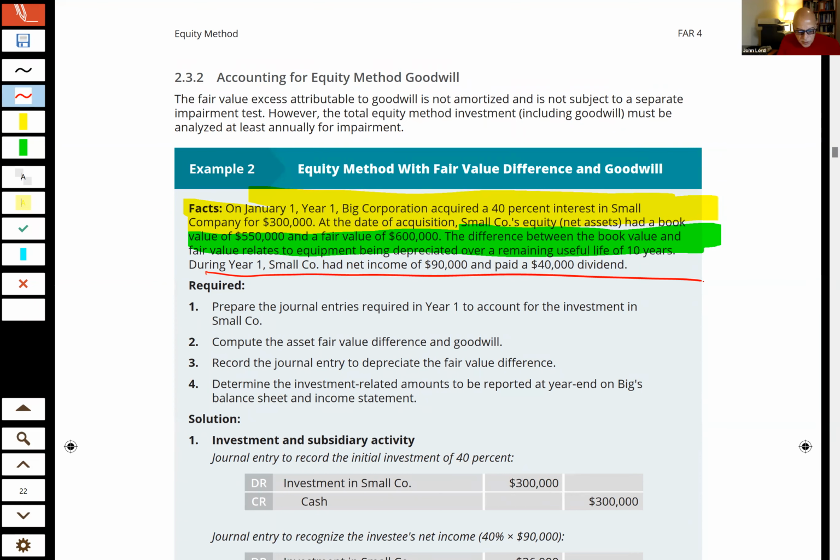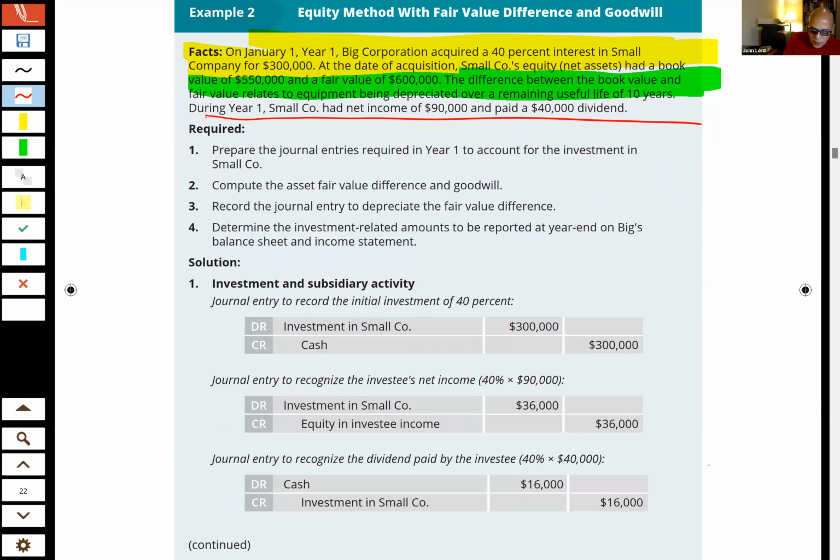Now when you come over and you look, guys, this part is exactly the same as we saw a minute ago in the example: the 300,000 going to the investment account, the amount that's reported on the income statement for our share of the investee's income, the reduction for the dividend. So we saw all that already.